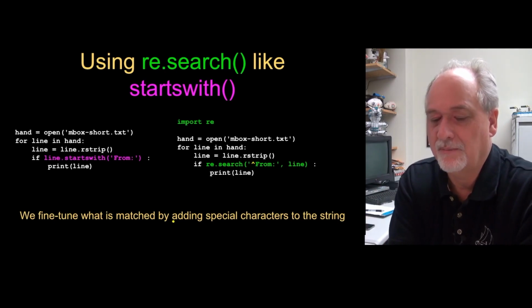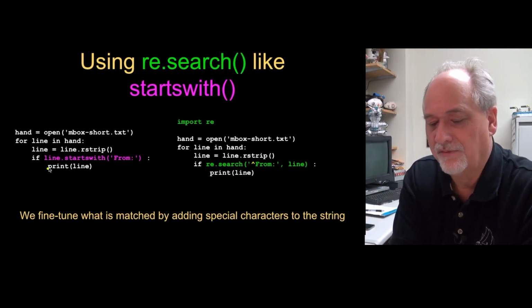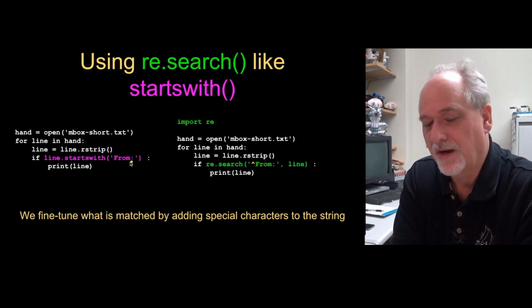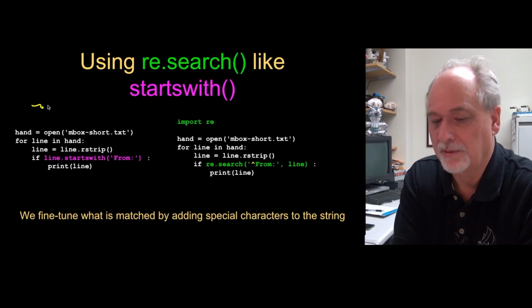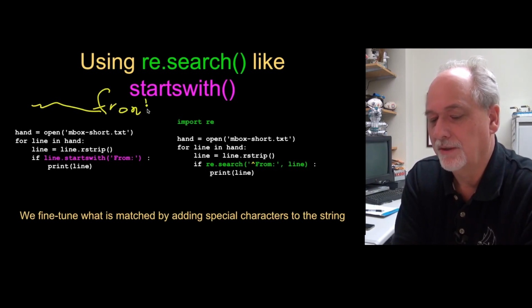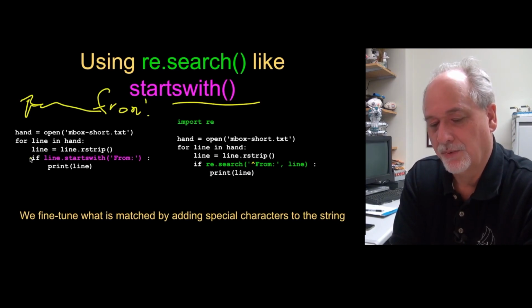Here we have the same basic code, except now we're saying if line starts with from. So we're not using find anymore. That way we're only going to get that thing in the first position, not like blah, blah, blah from colon. We don't want that to match. We only want it to match here at the beginning of the line. And so that's why we use line starts with.